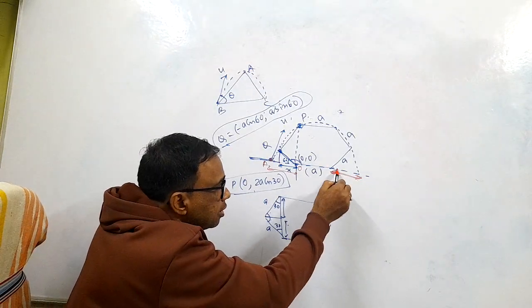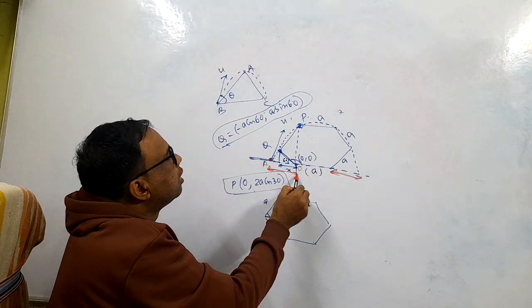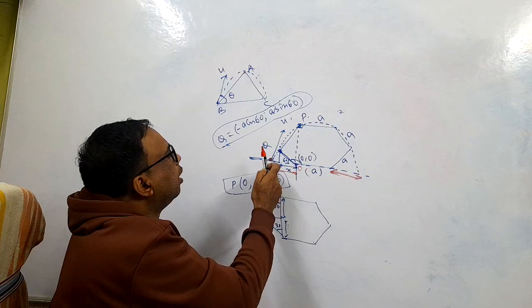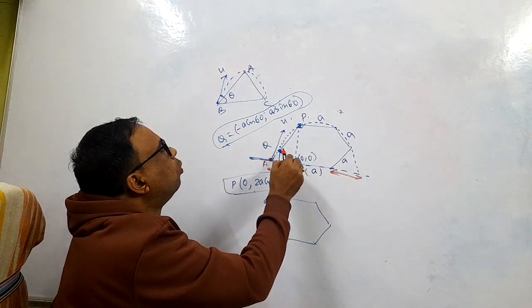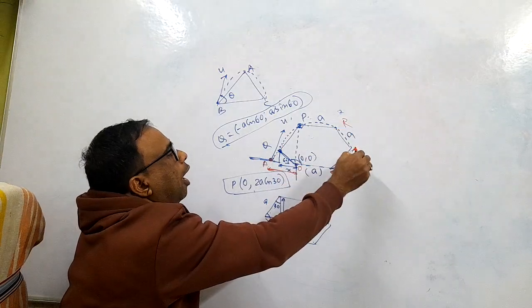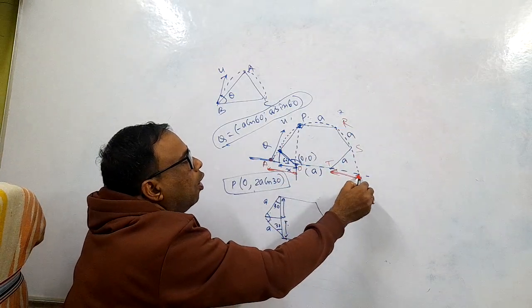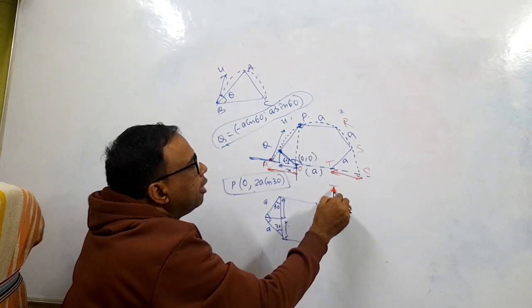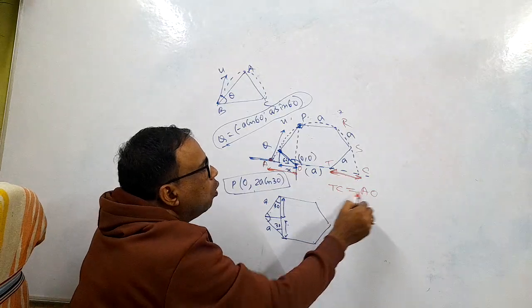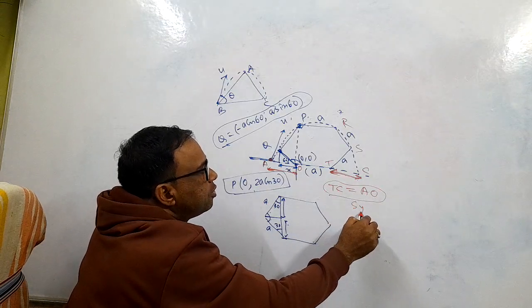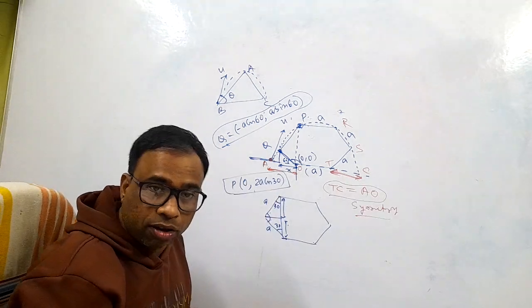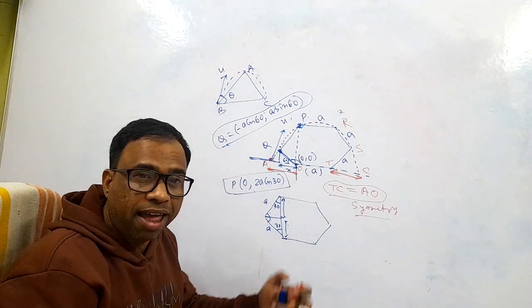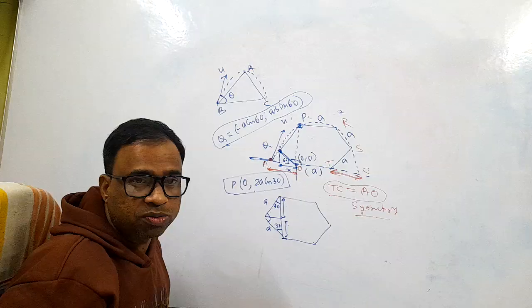So this distance and this distance are the same. If the points are A, O, Q, P, R, S, T, and this is C, then DC equals AO. It comes from symmetry. Just learn this theory, and after that you can easily crack JEE Main and JEE Advanced problems.